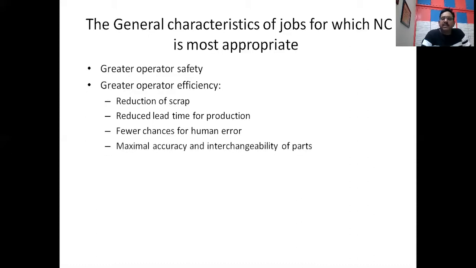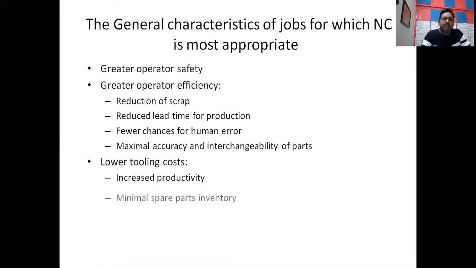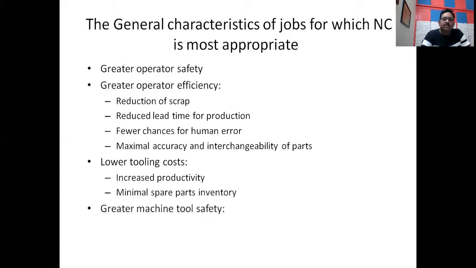Maximal accuracy and interchangeability of parts is possible. Accuracy can be increased with the help of NC machines. And lower tooling costs, because of increased productivity, and minimal spare parts inventory. So greater machine tool safety and fewer man hours for inspection, and all these things are possible with NC machines.